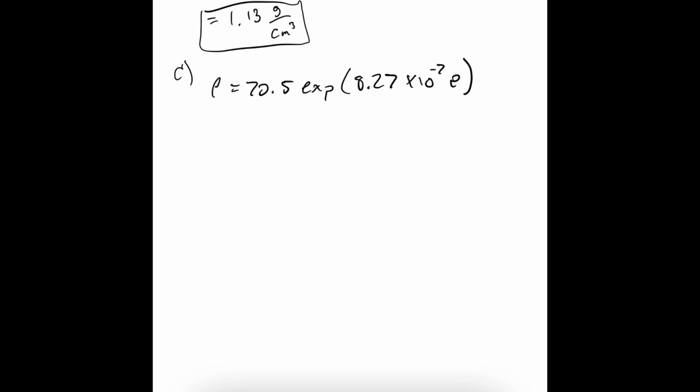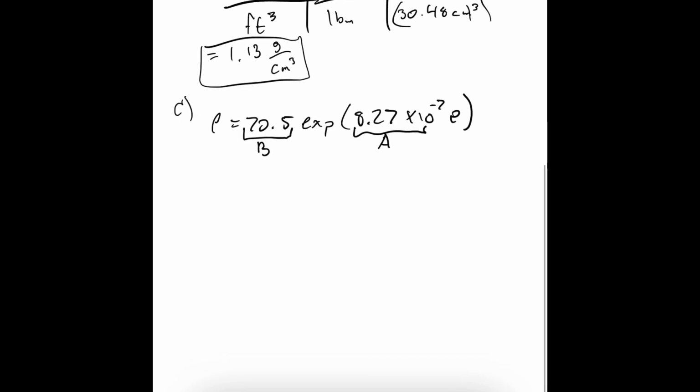I'll call this A, and I'll call this B. We need to convert those into different units, because right now they're in the units of reciprocal PSI and density. So let's just convert those. A currently equals 8.27 times 10 to the minus 7, in reciprocal PSI, so inches squared per pounds force.